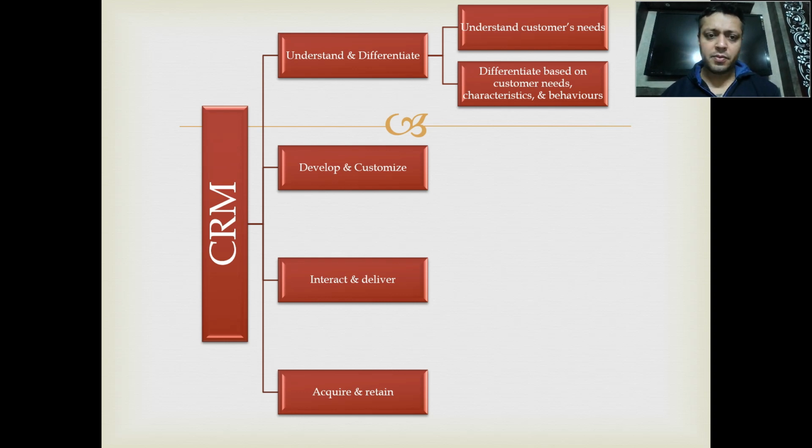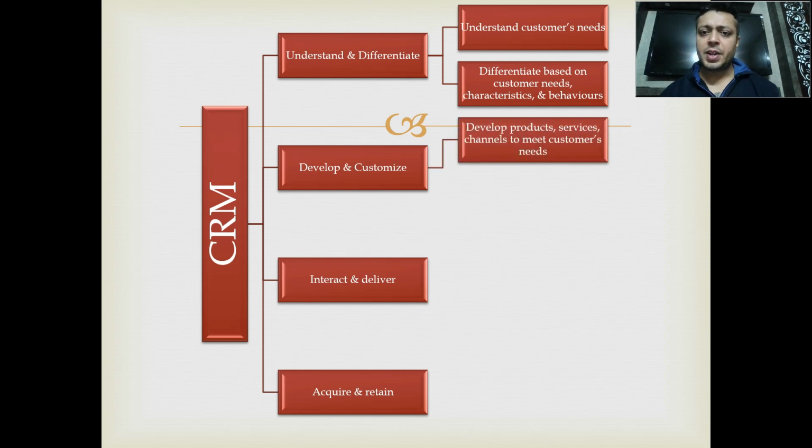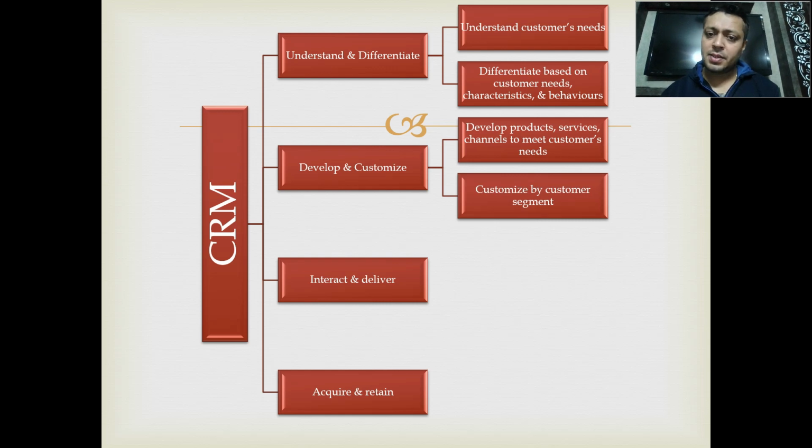Now, once this is done, we move on to the next step, that is develop and customize. So once we have understood the customer's needs, we have differentiated them accordingly, we develop the products, services, channels to meet these individual customer needs, right? And then customize by customer segment. We customize our offerings according to the customer segments we have created.